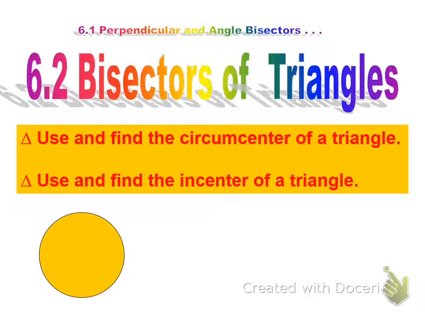Cooper: If I measure the diameter. Yeah, kind of. I just want to explain why the center is there. I know how to find it, but why? Why is the center there?